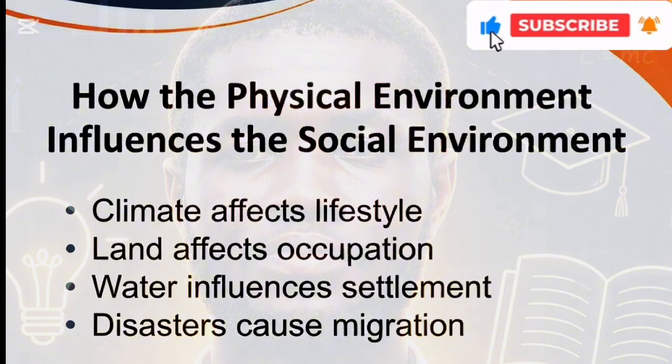If you are living in an area where the land is fertile, you are likely to be a farmer, because the vegetation and the land support farming. Or if you are living in an area that is close to the sea, you are most likely to be a fisherman or a fishmonger because of the presence of the sea.